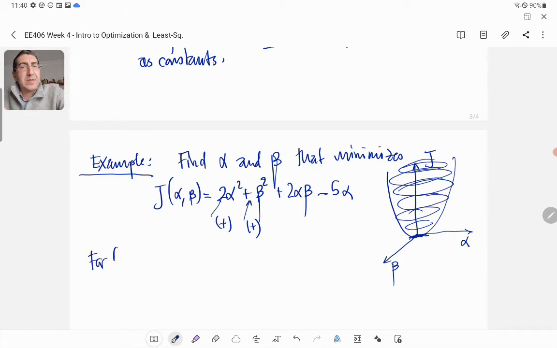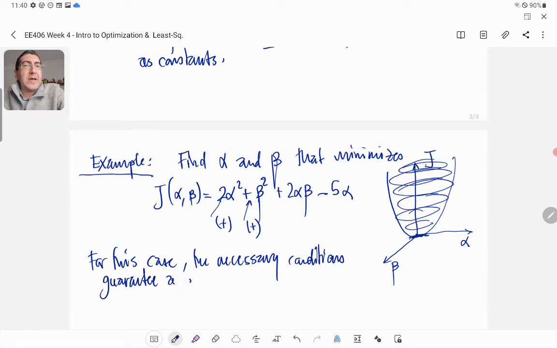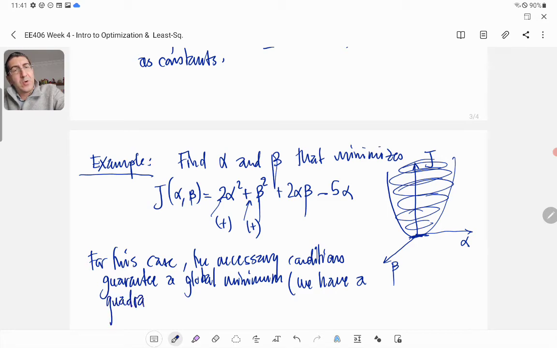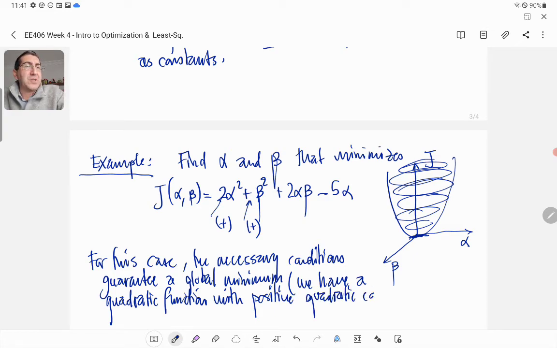For this case, the necessary conditions guarantee a global minimum, because we have a quadratic function with positive quadratic coefficients. Okay.